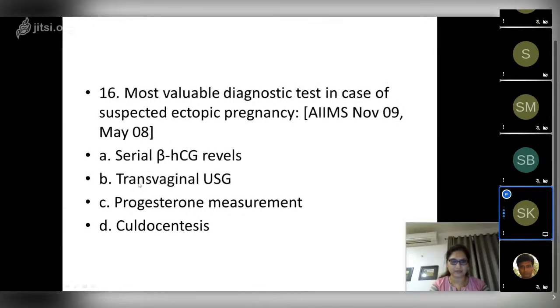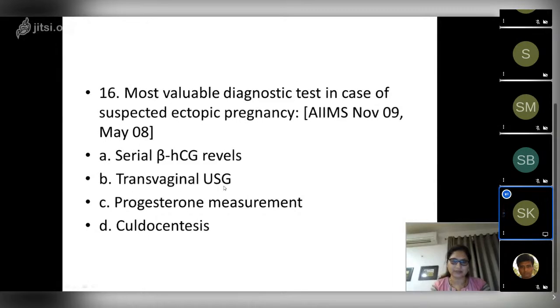As I told in the previous slide, this is one important investigation which will confirm the presence of the ectopic pregnancy. You will be able to identify an adnexal mass, sometimes a gestational sac if it is an unruptured ectopic pregnancy. You will identify whether it is ruptured or unruptured based on the collection in the POD, and documentation that the intrauterine cavity is empty with no sac within the uterine cavity is again an important point towards ectopic pregnancy.